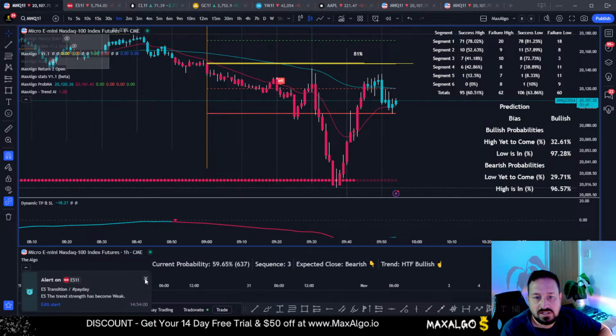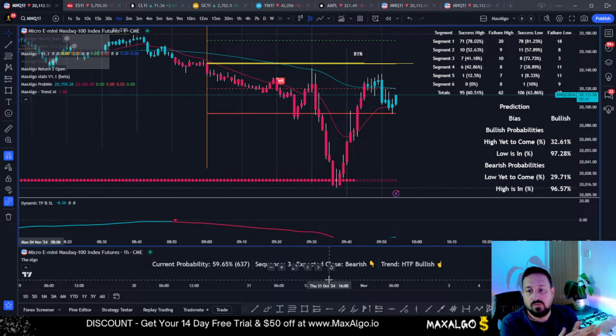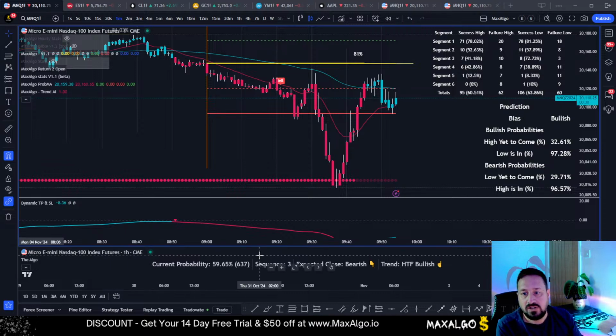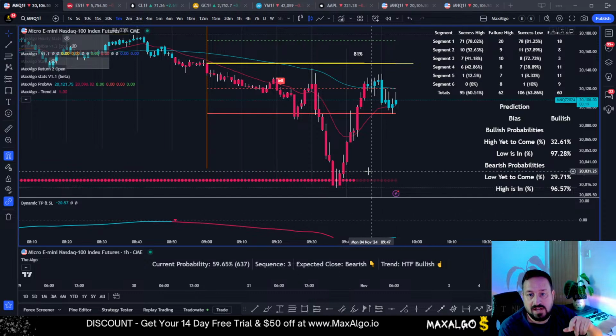A sequence is just counting how many times you've had that. If we've had bearish action 5 times, that's 5 sequences, 5 hours, 5 days, 5 minutes, whatever you set the time frame to, it represents that time period.